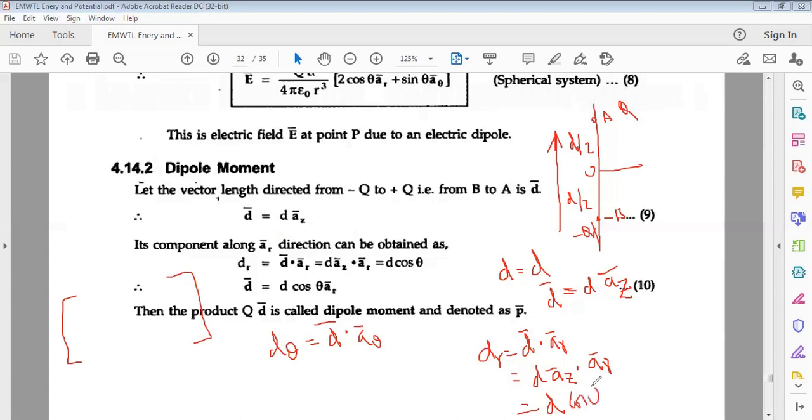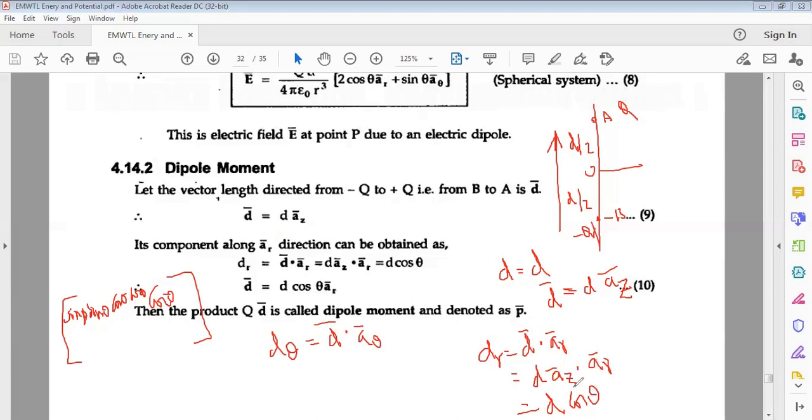In the coordinate system we already discussed this, and here we get cos theta. It is az bar dot ar bar. Got it, my students? It's a conversion of Cartesian coordinate system to the spherical coordinate system.